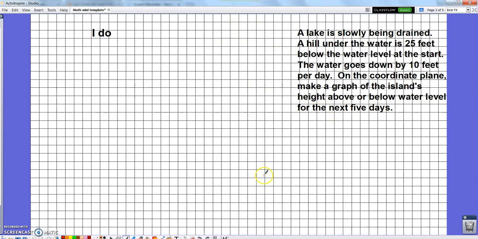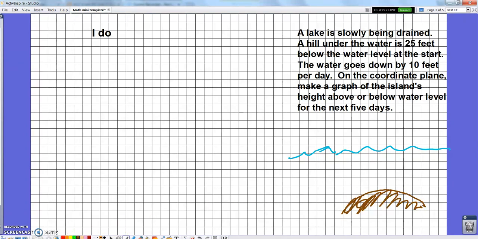A lake is slowly being drained. A hill under the water is 25 feet below the water level at the start. So imagine water level, water, and somewhere down there, there's a hill underneath the water.